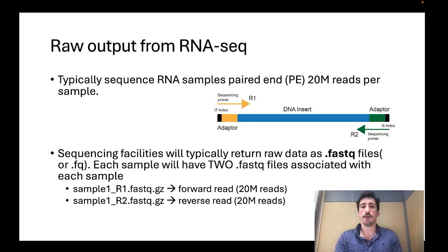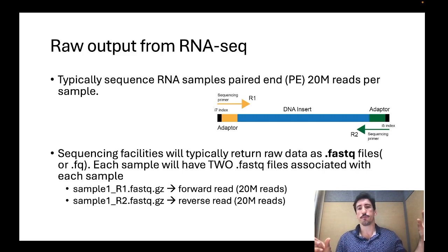So here on the right in this image, I've shown a crude illustration of what your RNA sequencing libraries will look like. So you have your DNA insert, which is the region you're actually interested in, but flanking the DNA insert, you have these adapters and indices on either end of this.